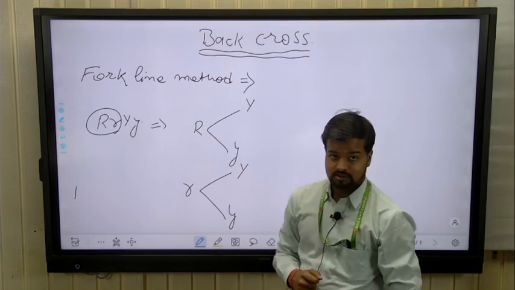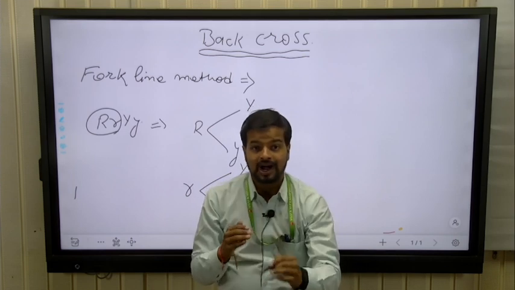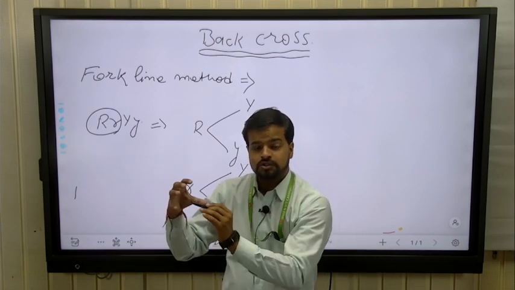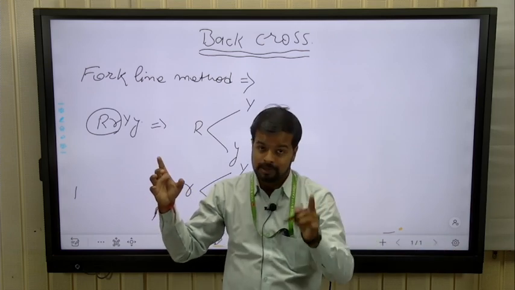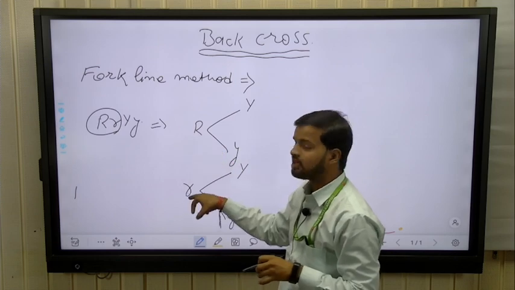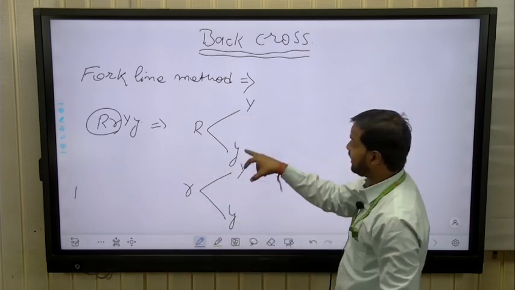That means when we select one pair as the main pair, after the selection of this pair, another pair is crossed with this main pair. Remember this point, after the selection of the main pair, that is capital R and small r, another pair is crossed with it like that.